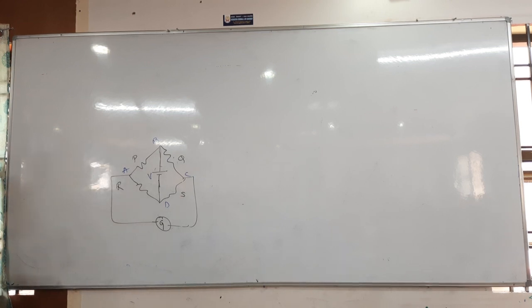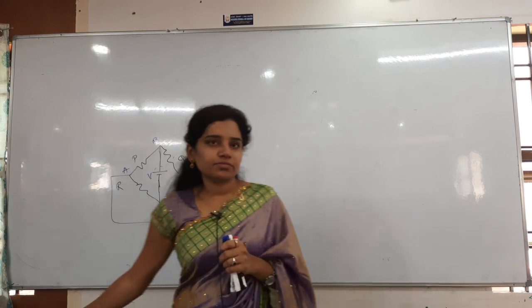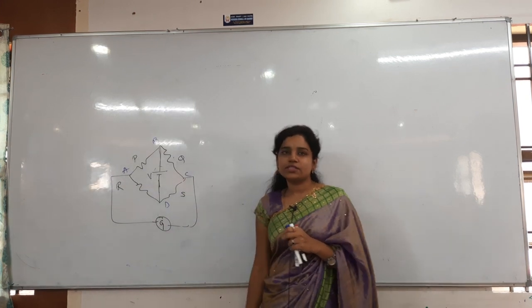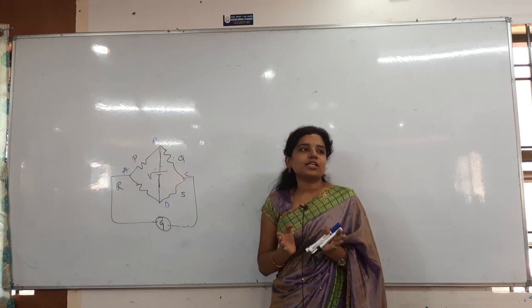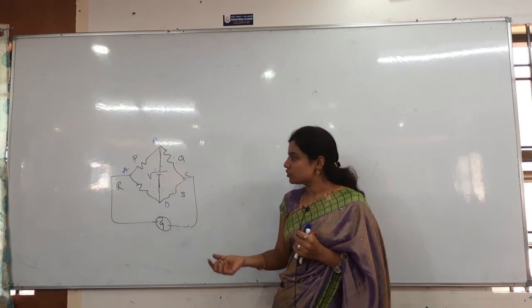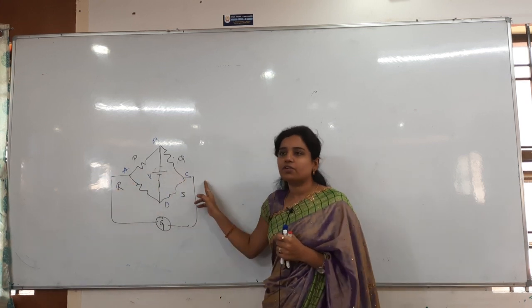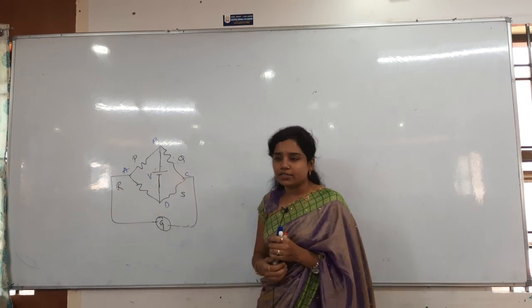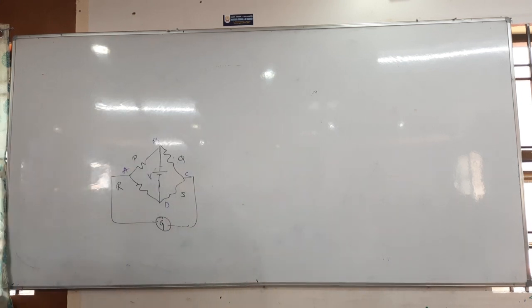In this case, which potentials are equal whenever the bridge is balanced? Before, VB is equal to VD. Now the galvanometer is between A and C, so VA is equal to VC, so there is no current flow in it. Clear? Write that: at this condition, VA is equal to VC.